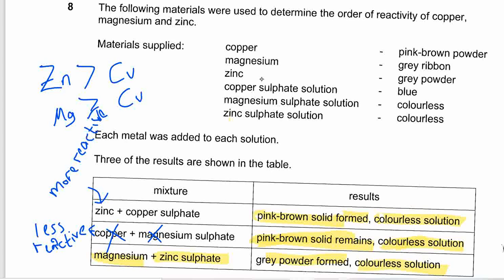Zinc sulfate solution was colorless. Then magnesium is gray ribbon. So the gray ribbon disappears into gray powder. So there is a chemical reaction. It means magnesium is more reactive than zinc. Magnesium is more reactive than zinc.